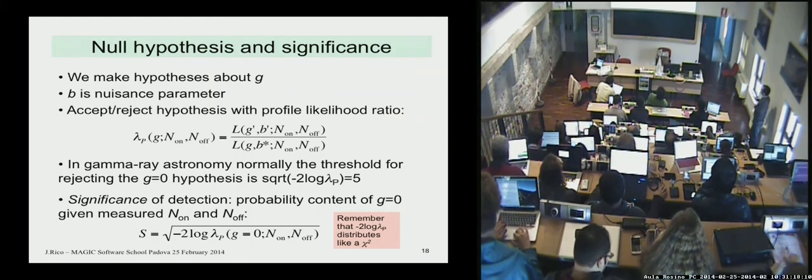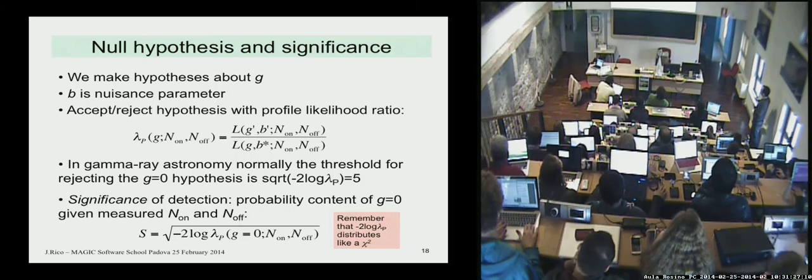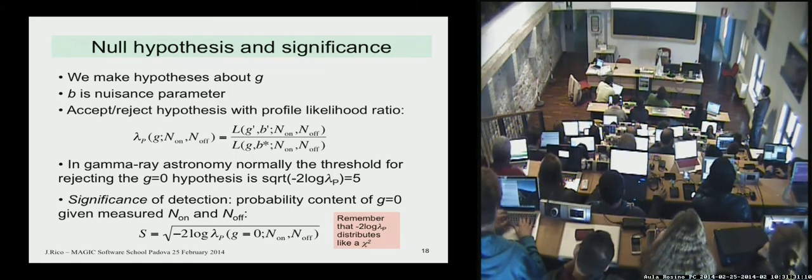Now in gamma ray astronomy, normally the threshold for rejecting the hypothesis that there is no gamma ray is set by this value. So the square root of the -2 log of the profile likelihood ratio is equal to 5. That's having 5 sigma in your data. That's how we say it.